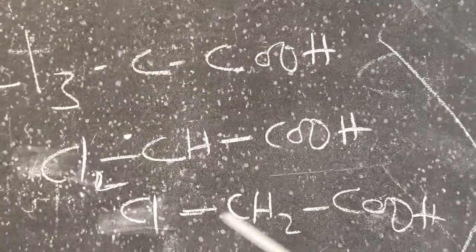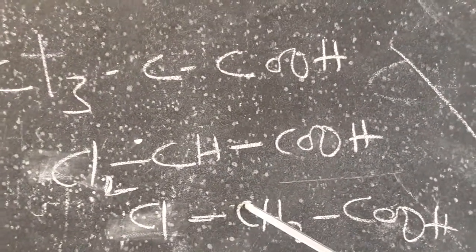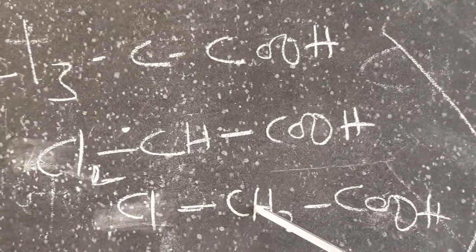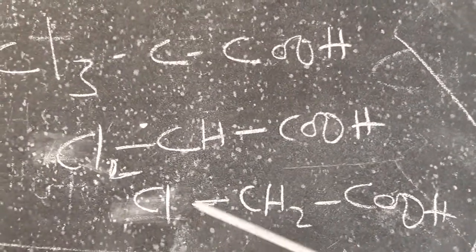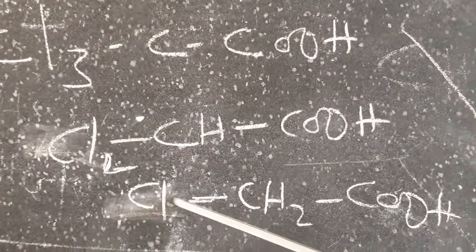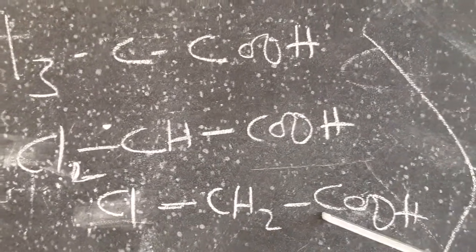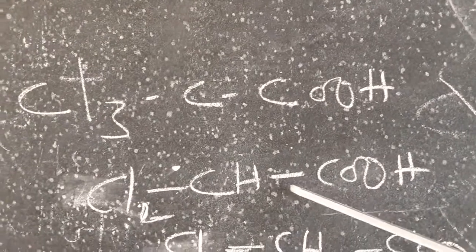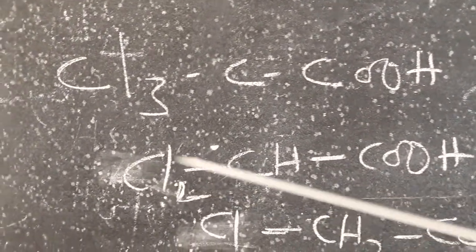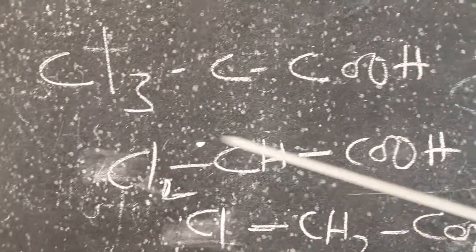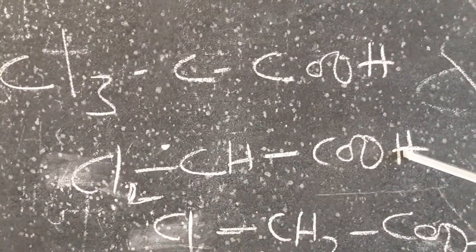Here one Cl is there. Cl is withdrawing electrons from this side, which means stronger acid. This is a strong acid. Here there are two Cls. More electrons will be attracted towards Cl. So therefore this is also a strong acid.